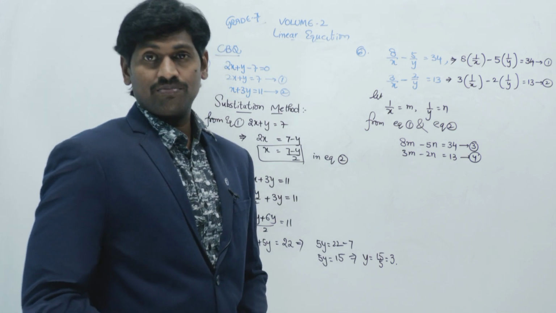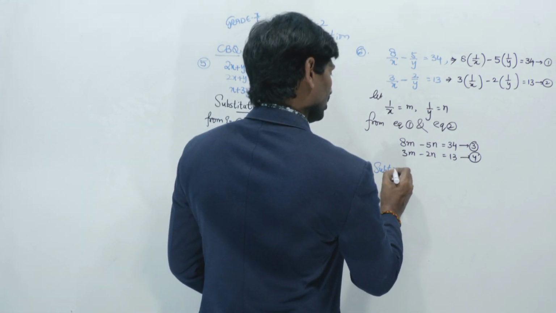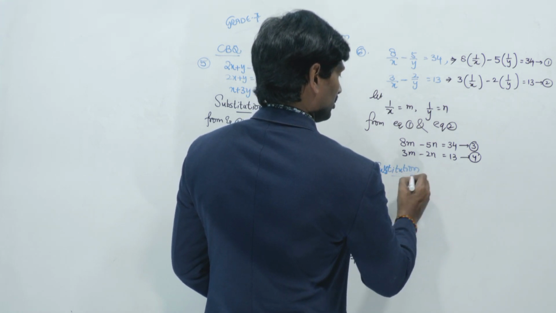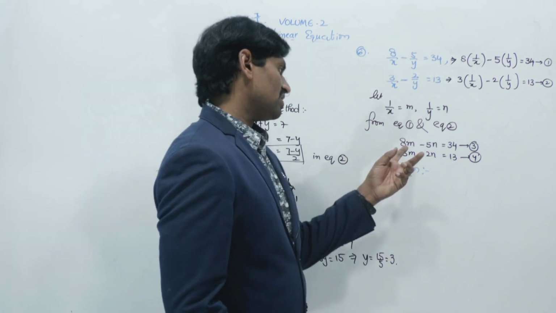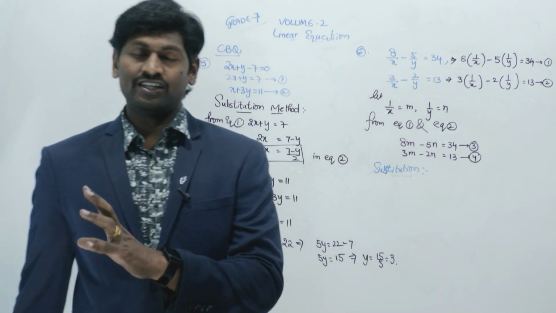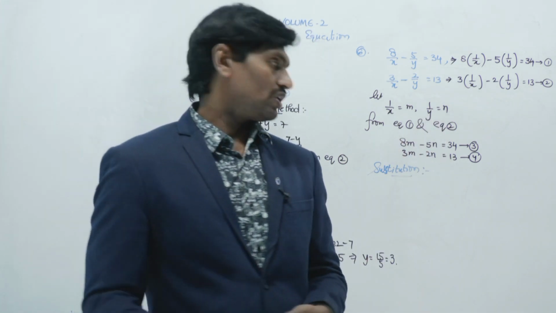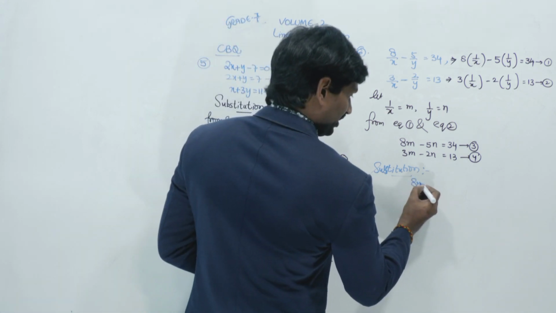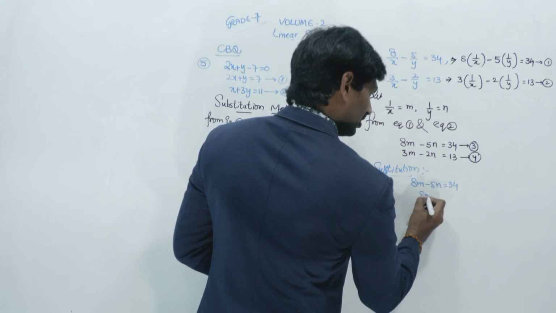Now again I am telling you the substitution method; whether the equations are big or not doesn't matter. I will take any one of the equations and substitute in the other one. So now I am taking equation 3, 8m minus 5n equals 34.